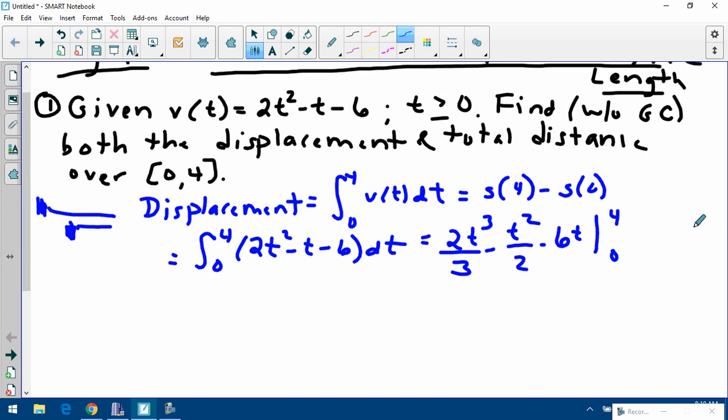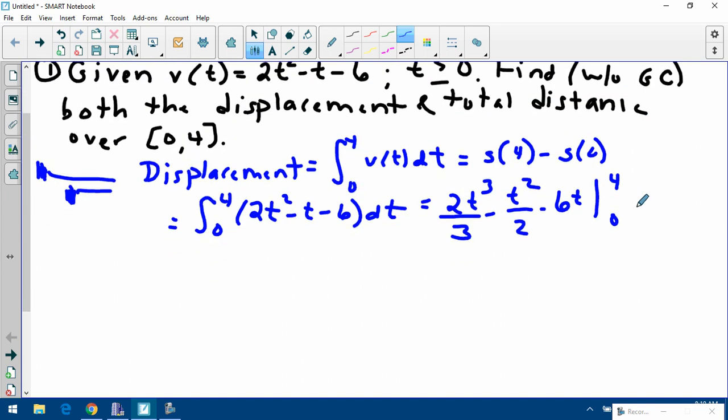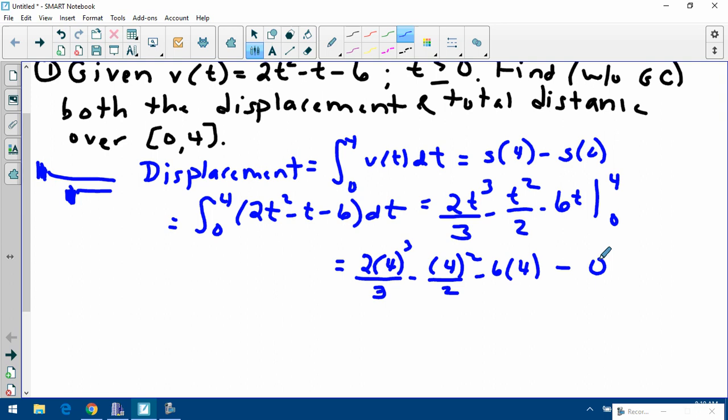Now it does say without a calculator, without graphing calculator. So we need to plug these values in, and you need to do it without a calculator and show me enough work so that I can believe that you didn't just plug this in. So 2 times 4 cubed over 3 minus 4 squared over 2 minus 6 times 4. Plugging in 0 is just going to give us a total of 0, so minus 0.